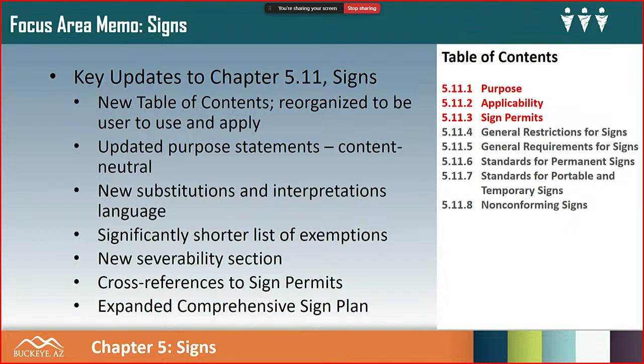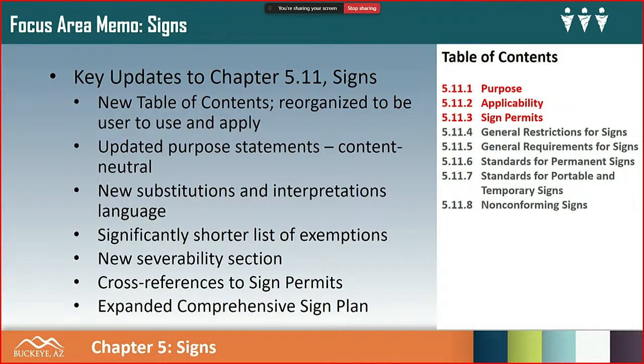We've updated the purpose statements so that they're content neutral. We've added a new substitutions and interpretations language. This is consistent with best practices that basically allows a commercial message to be replaced with a non-commercial message without the need to trigger any sign permits.